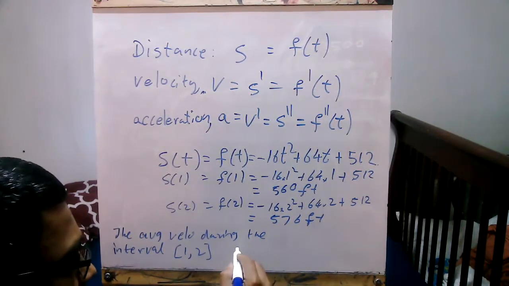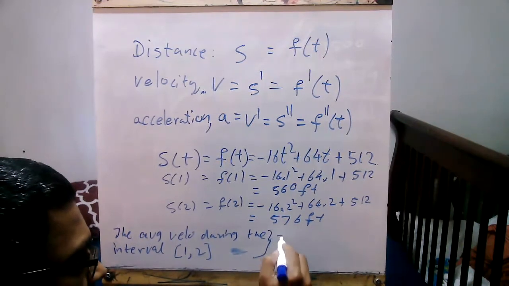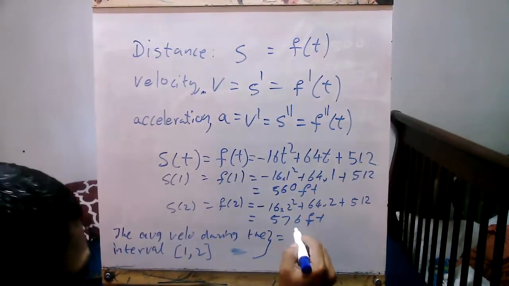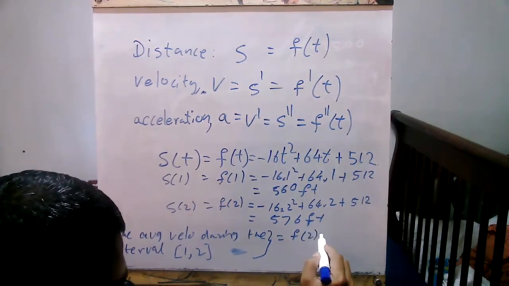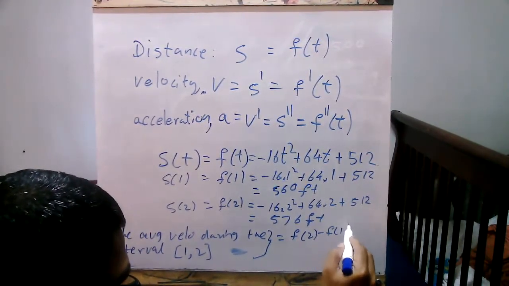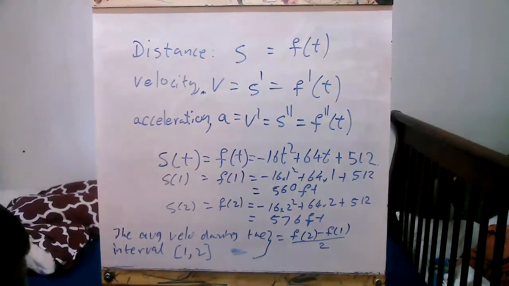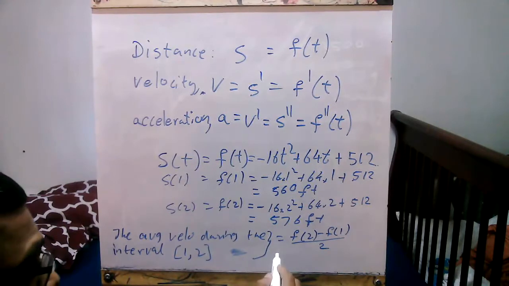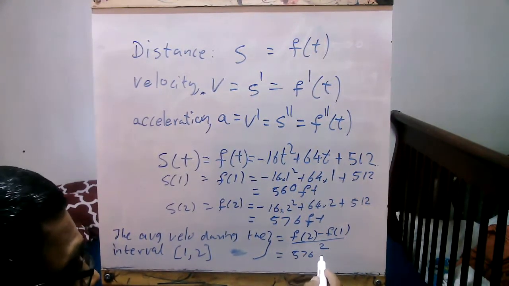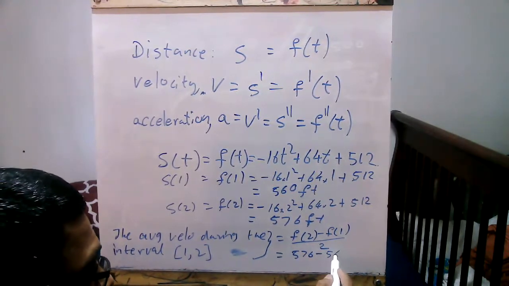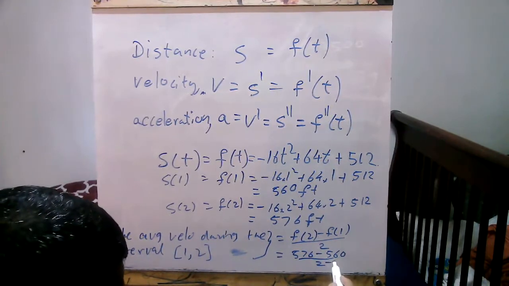given by f2 minus f1 divided by 2 minus 1. So substitute 576 minus 560 divided by 2 minus 1.